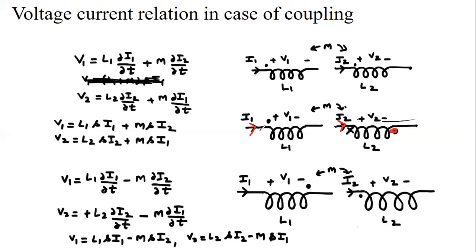So see, what is the value of voltage V1? Due to I1, this voltage is V1 equal to L1 del I1 by del T with sign plus and minus.